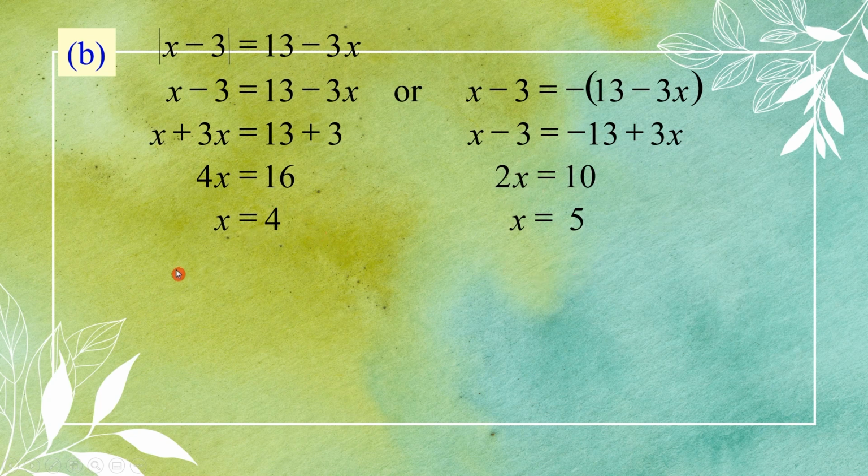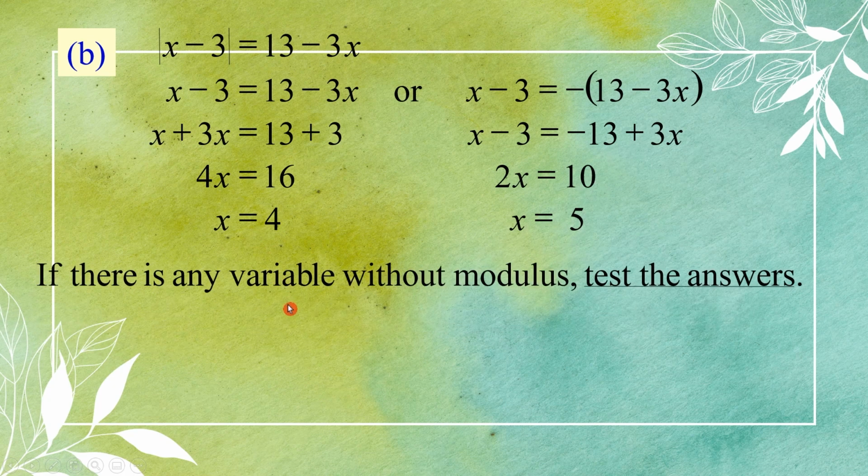Now, we have two answers, but we have to check if we substitute the x values, is it going to give us the same values on the left and the right hand side? If there is any variable without modulus, we have to test the answer.